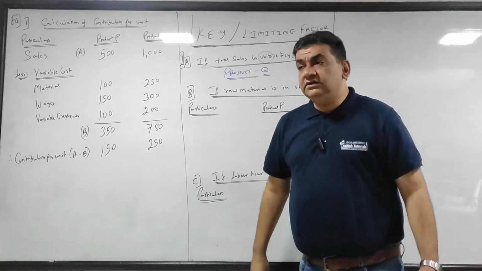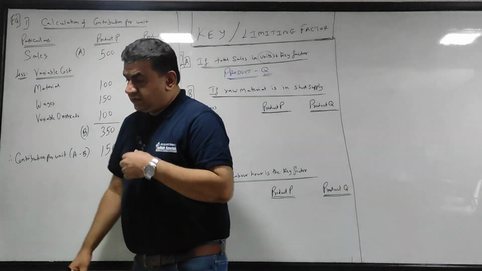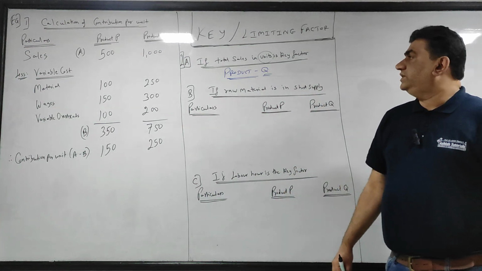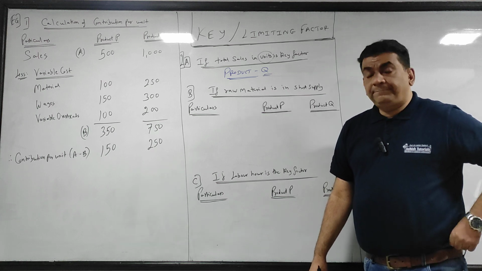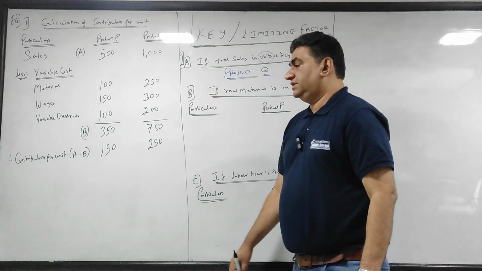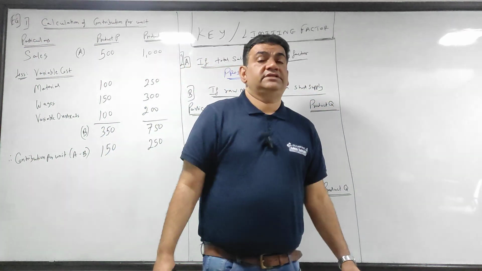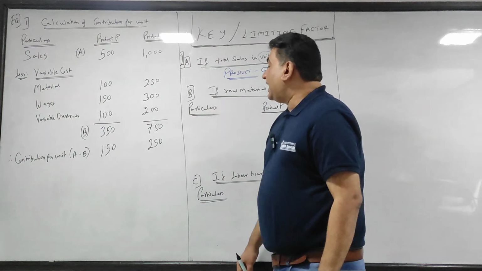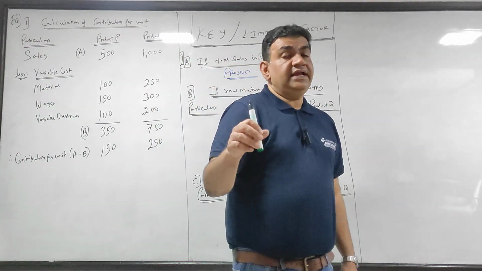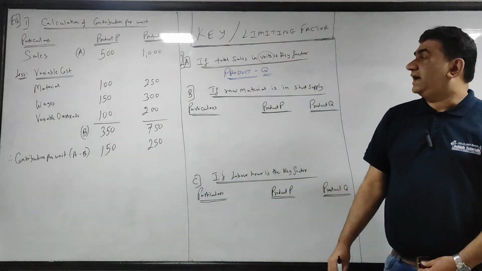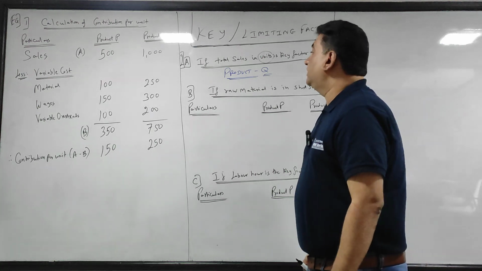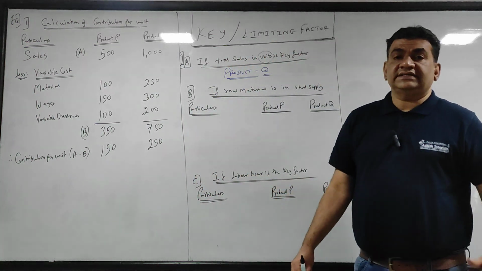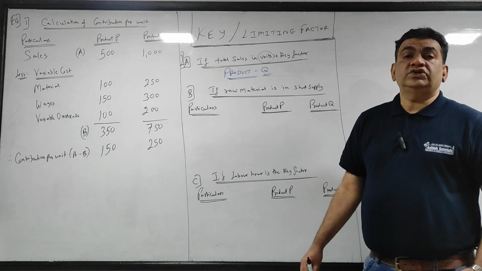Write down here: when sales in unit is the key factor, product Q will be given preference over product P, as it has a higher contribution per unit.